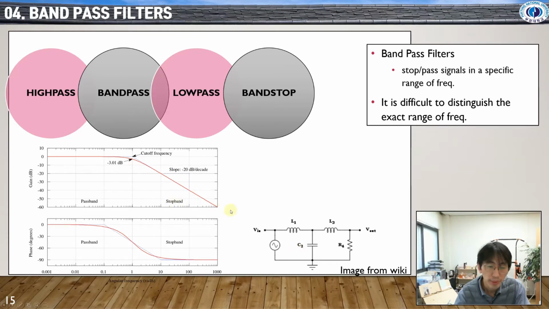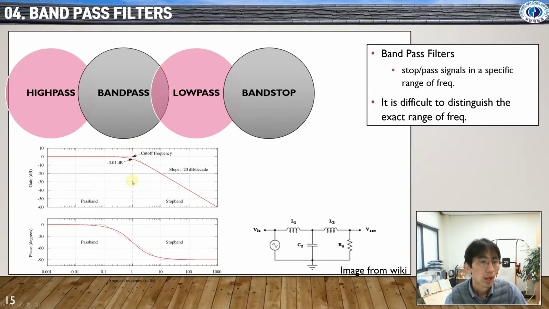But when we implement this filter, the response of the filter is a little different from what we expect. You can see the left side image here. With this filter, we want to stop the signal at the frequency in the middle.